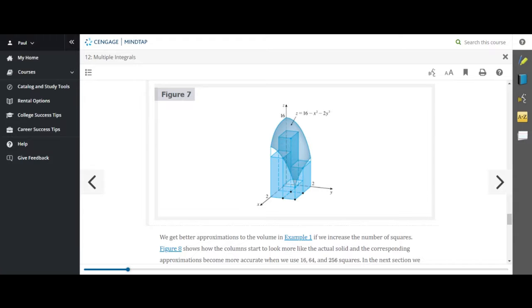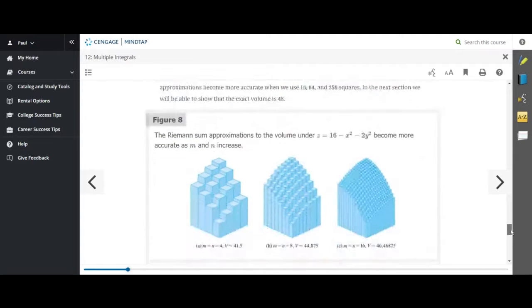Do more rectangles. That's right. And here they have an example.